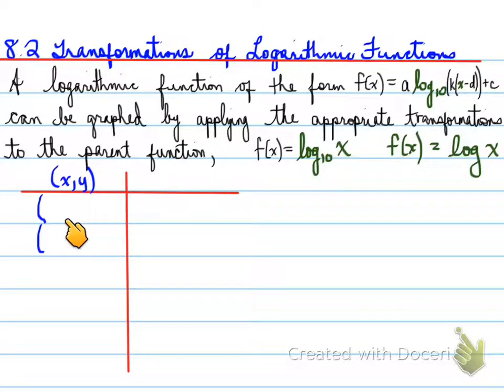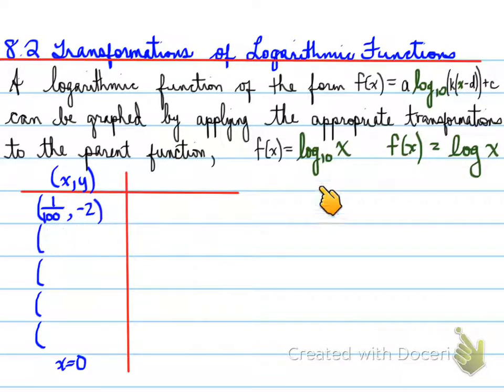So what we're doing here is plugging in values for x. Now remember, log base 10 of x means that we're dealing with base 10 information. I'm starting with 1 over 100, which is 10 to the power of negative 2. When you take log base 10 of 10 to the negative 2, you're going to have a value of negative 2.